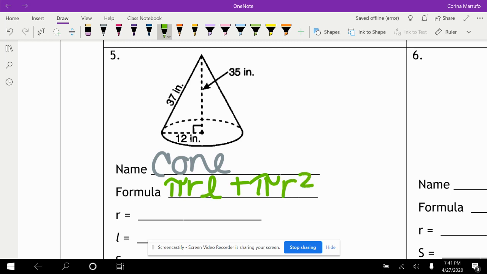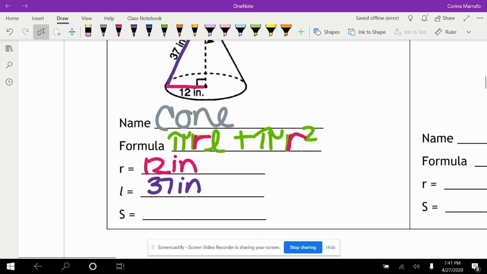And so our r stands for the radius of our cone. So my radius here is 12 inches. L stands for your slant height. So do you see how this does not go straight up and down? It goes up slanted. That is 37 inches.